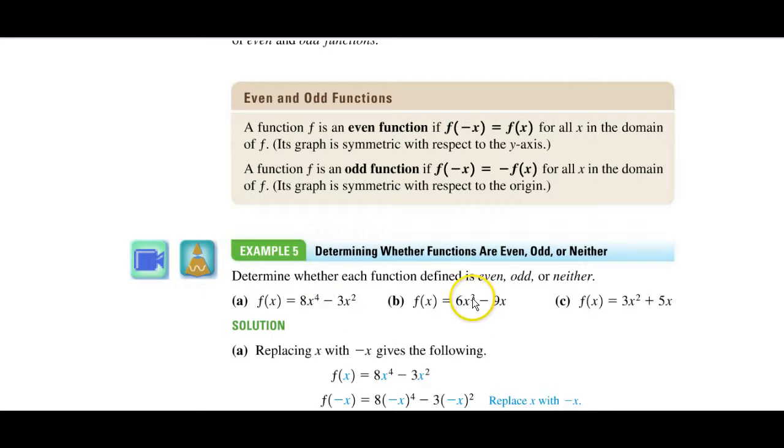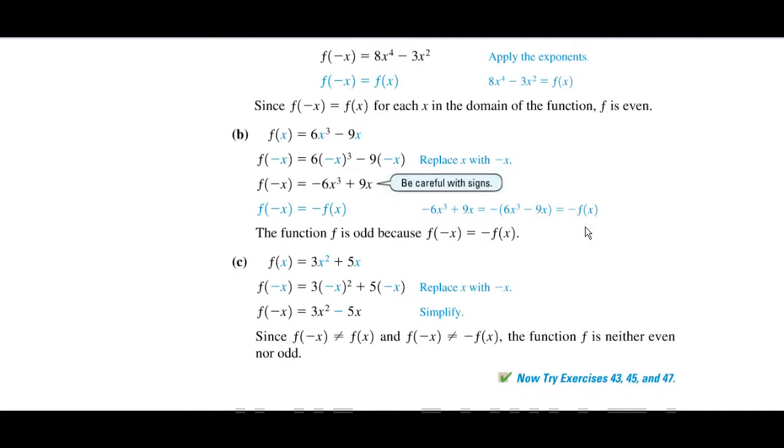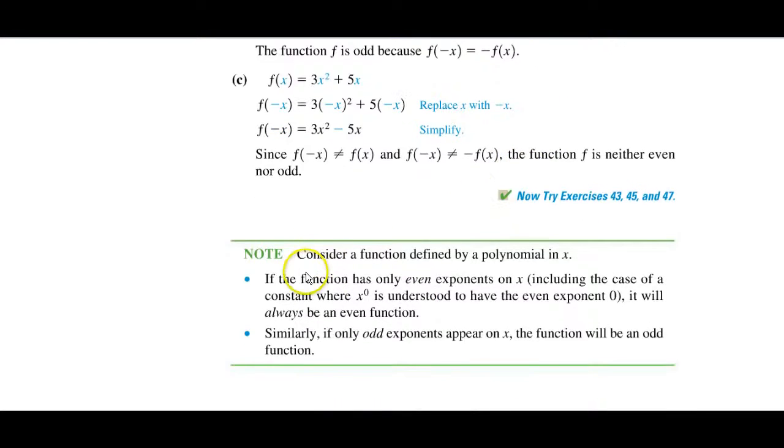If your exponents on the variables are odd, this is going to be an odd function. And then if one is even and one is odd, then it's neither. And they're going to show you all the algebra of it, and we'll let you go through that if you want. But here is the summary right there. And of course, x to the 0 power is excluded.